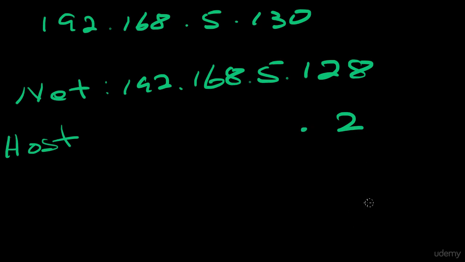Now, if we added back the network ID and the host ID, you get back the IP address. 192.168.5.128 is the network ID, plus 2, which is the host ID, gives you 130.